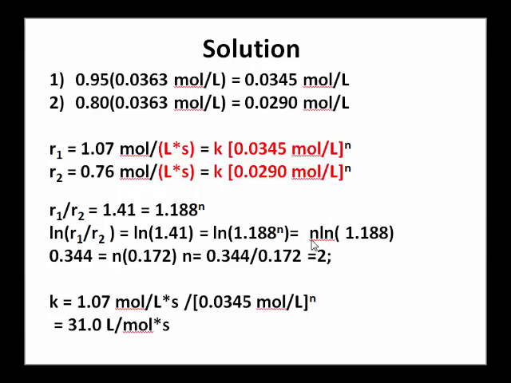In other words, the exponent can be pulled out front of the natural log as a factor. This gives 0.344 equals N times 0.172. We can then solve for N algebraically, and we get a 2. So this is a second order reaction.